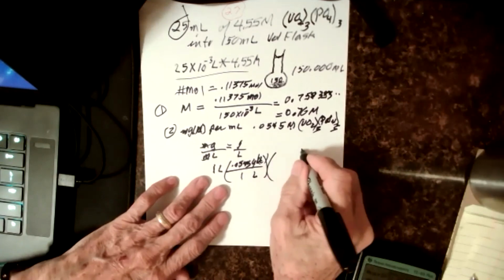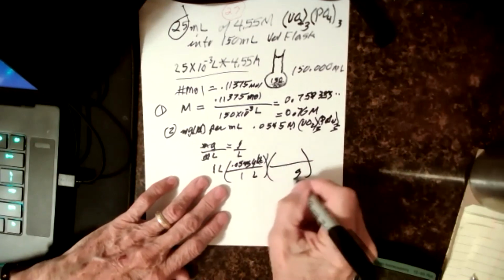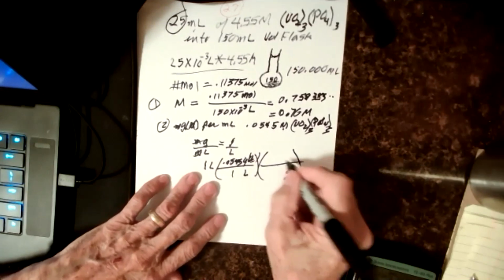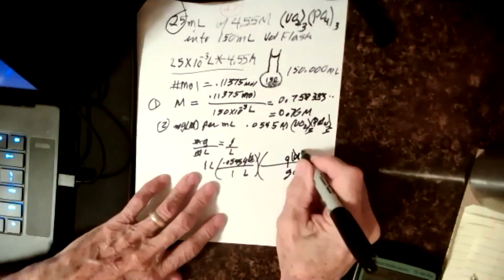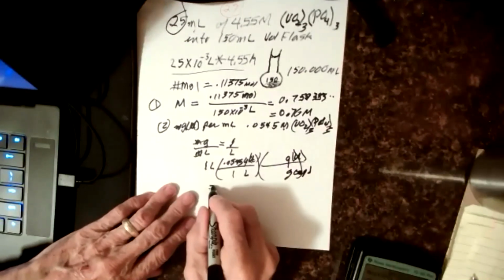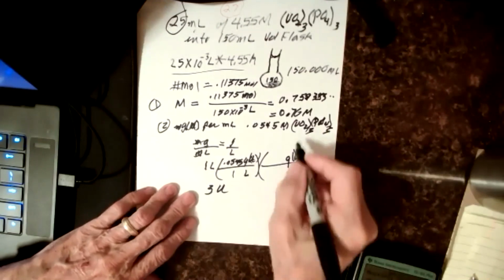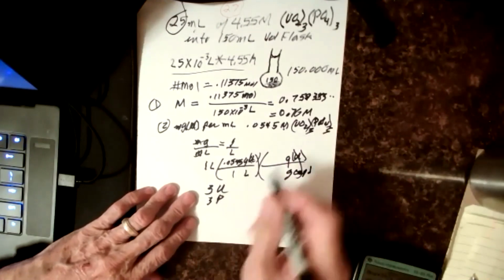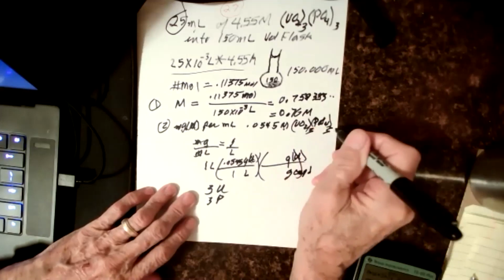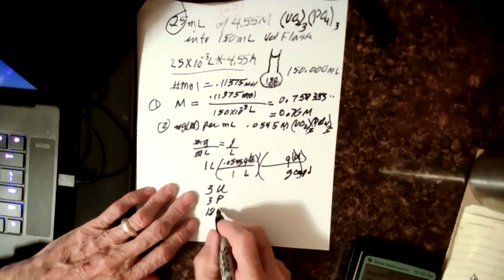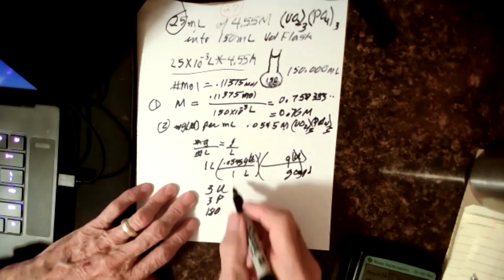And now I want to go from moles of the compound to grams of uranium. Well, we've got to get the molecular weight. So we've got 3 uraniums, 3 phosphoruses, and I've got 6 oxygens here and 12 there. That would be 18, right? 18 oxygens in a mole of the compound.